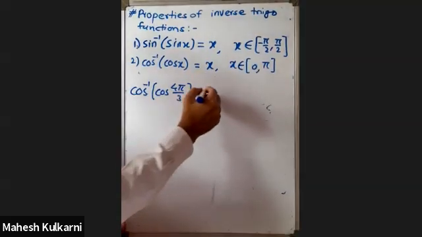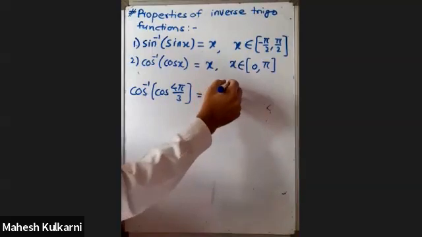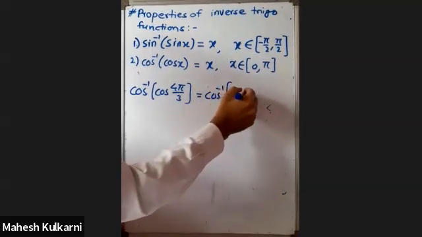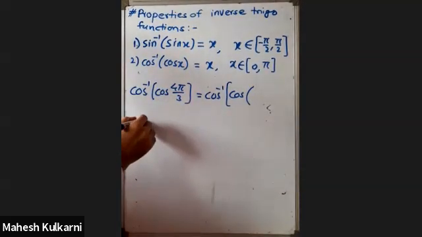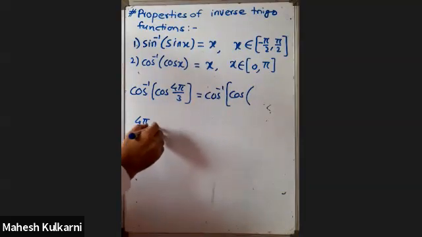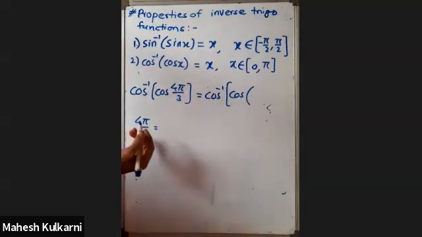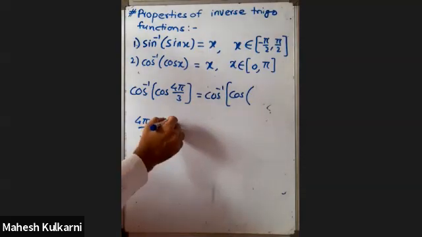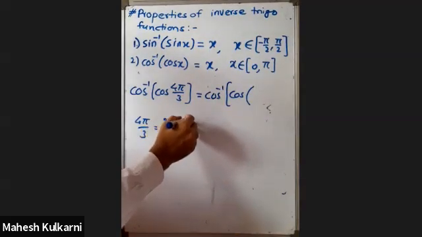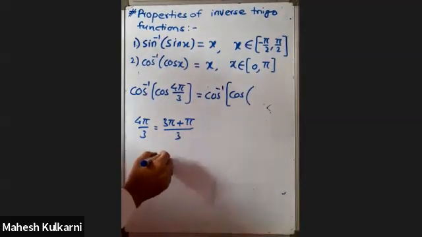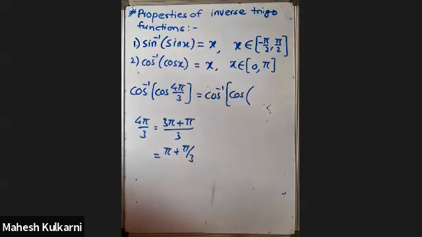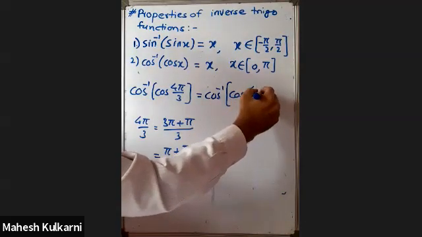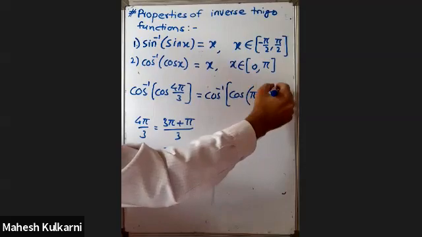So first of all, we are going to simplify this. Now how to split this 4 pi by 3? There is a simple method to split this. The denominator is 3, so first take the multiple of 3: 3 pi plus pi upon 3, and that is pi plus pi by 3.